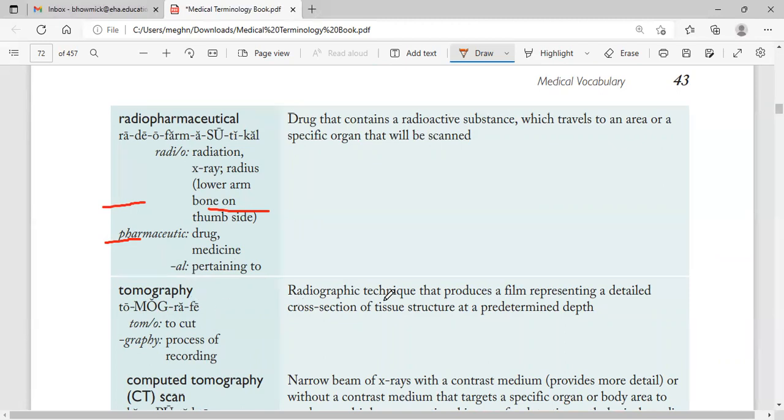Radiography techniques produce a film presenting detailed cross sections of tissue structure at a predetermined depth.